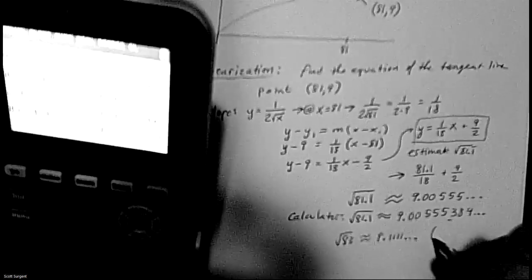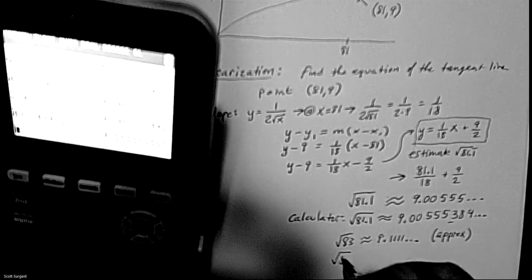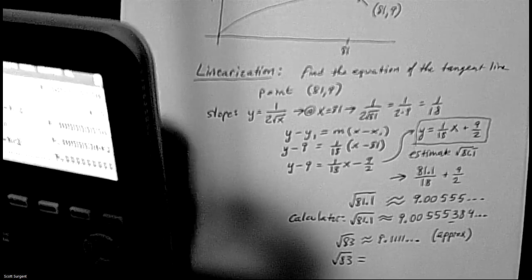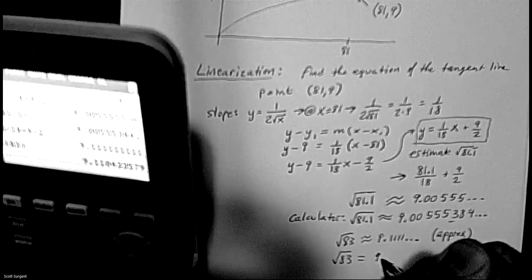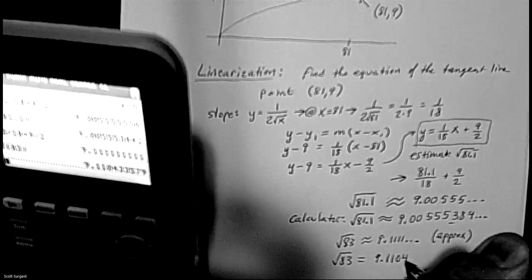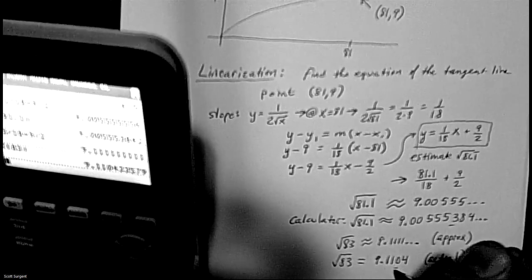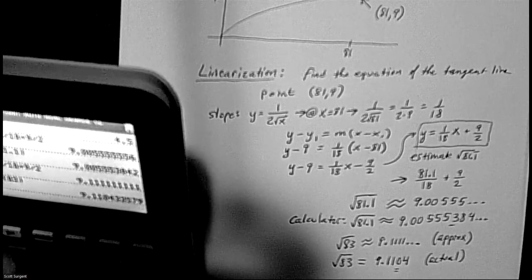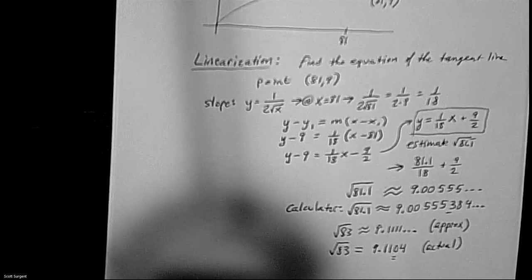That's the approximation. But if you do it on a calculator that uses different algorithms, you still get a pretty darn good answer. You'll notice that it's at the 3rd decimal place that you get a difference, so it's accurate out to the thousandths. It's a pretty powerful little tool to do estimation.